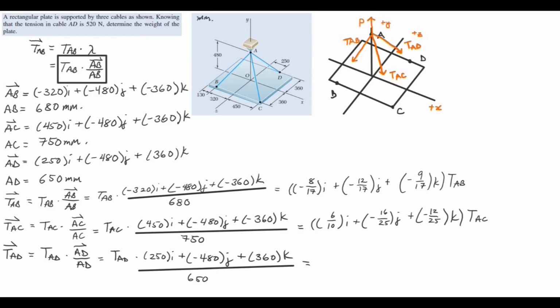This can be simplified into 5 out of 13i minus 48 out of 65j plus 36 out of 65k times tension AD.